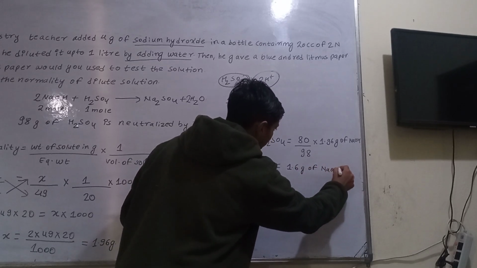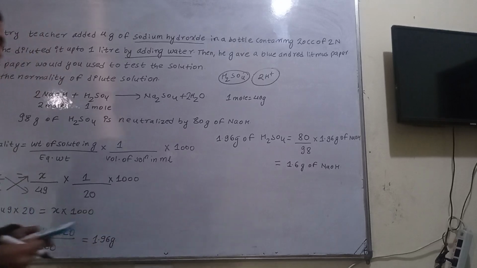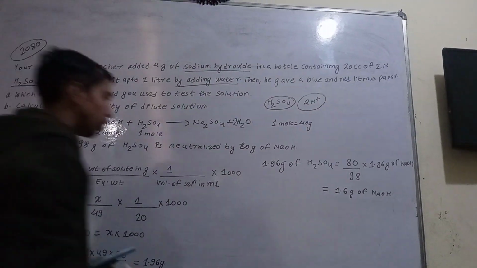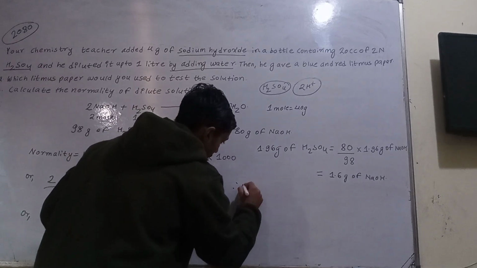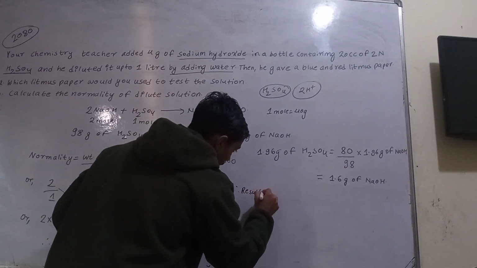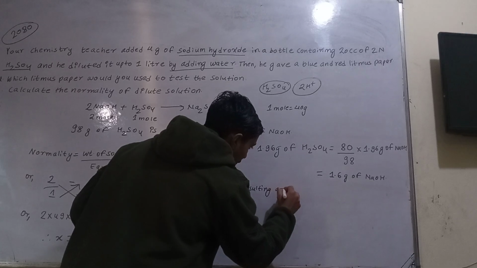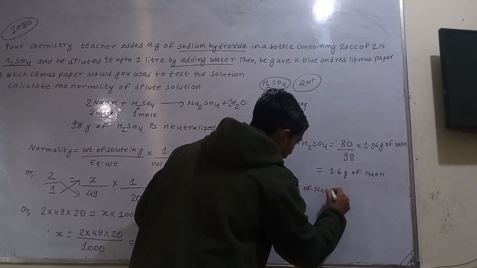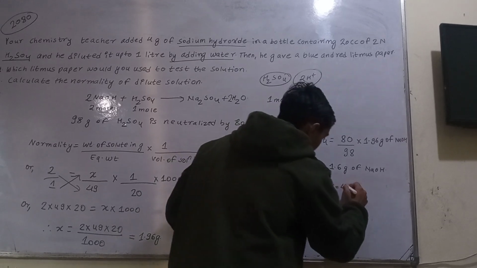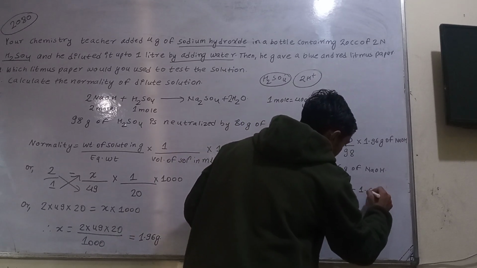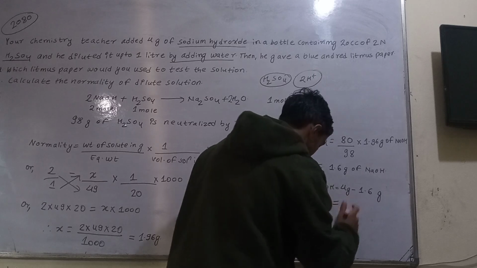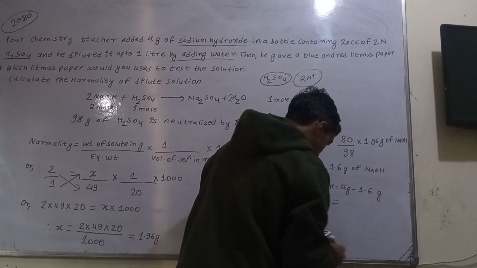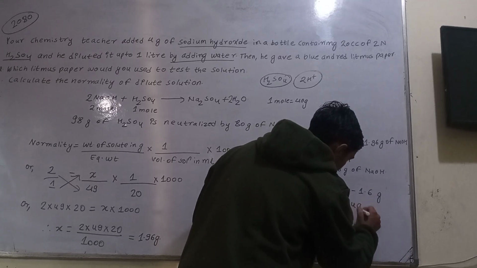But we were given 4 grams of NaOH. So here the residue is NaOH. Therefore, the resulting amount of NaOH equals 4 grams minus 1.6 grams, that equals 2.4 grams.